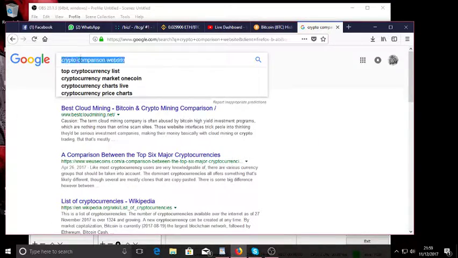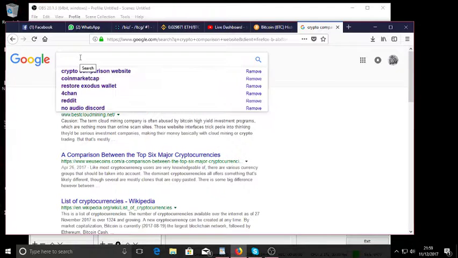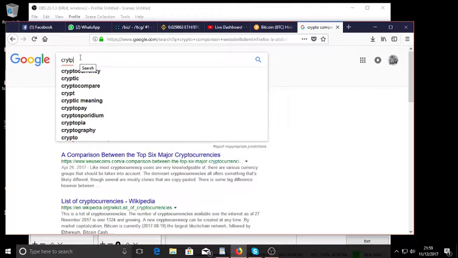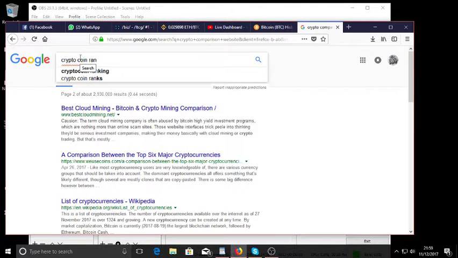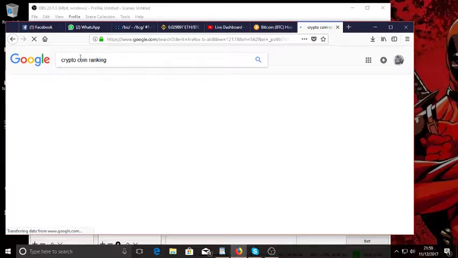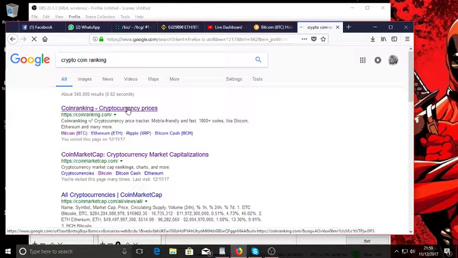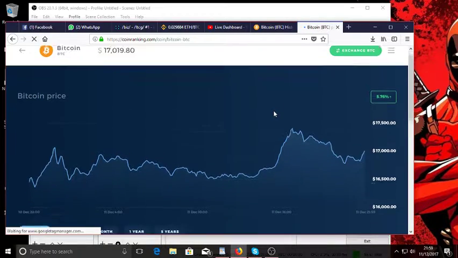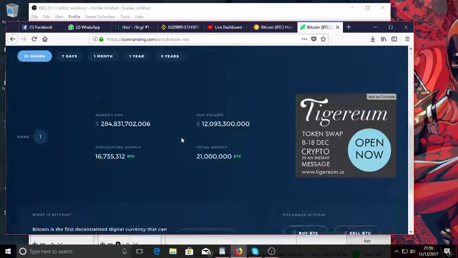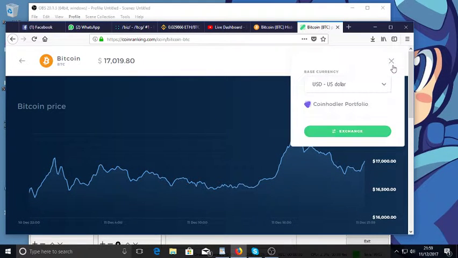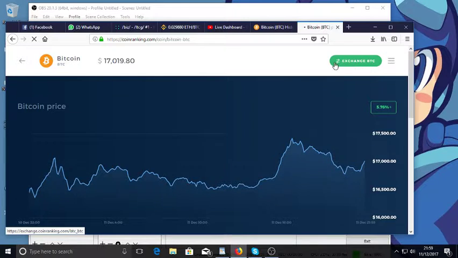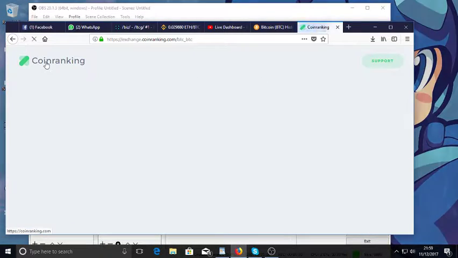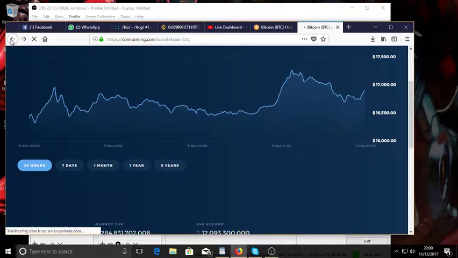But it was a site that ranks ICOs. Coinranking.com. These guys have really nice charts as well, and everything is clean and easy to use.